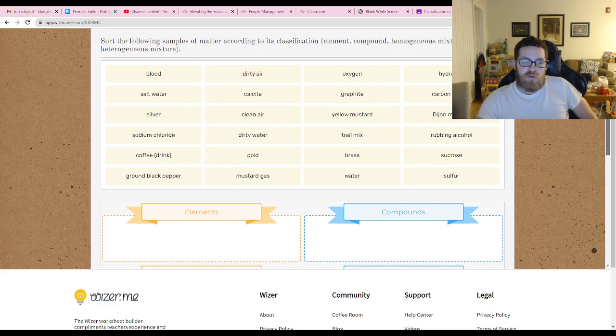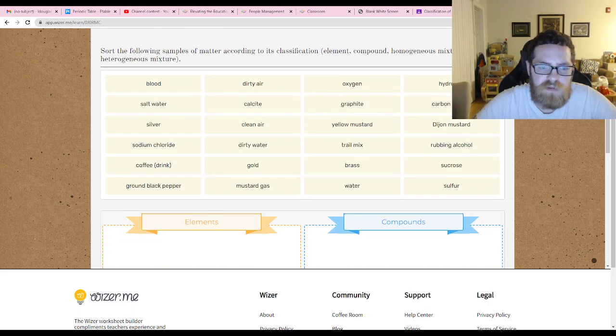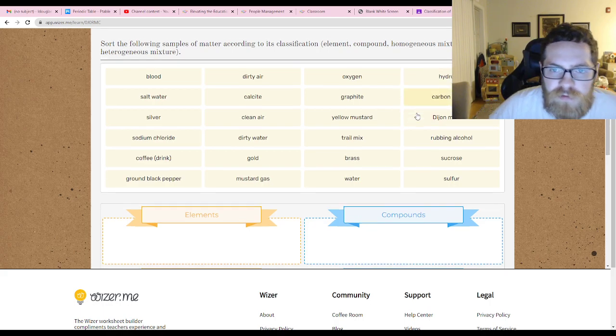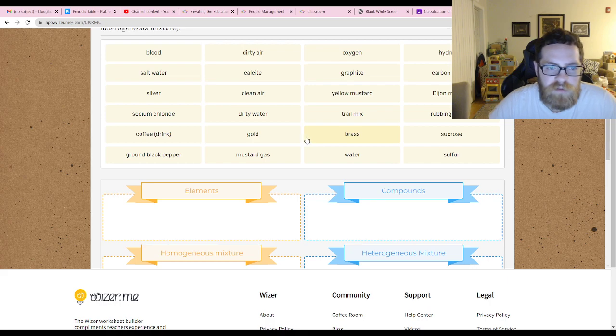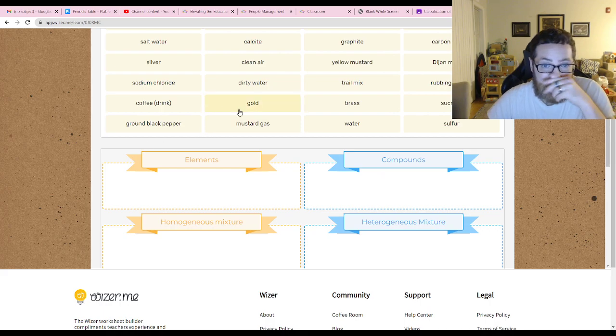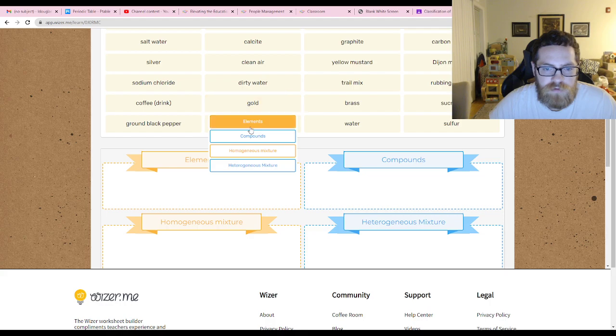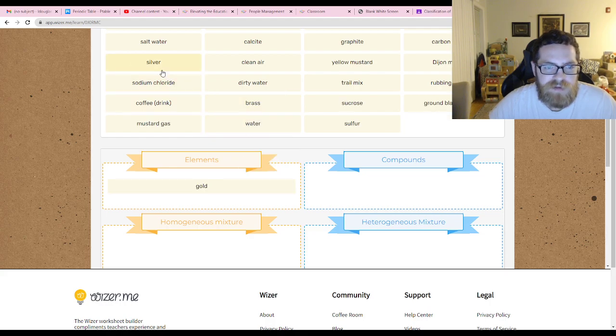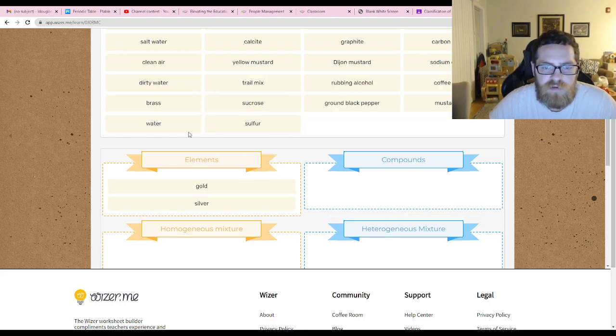So, sorting each of these into its correct categories, right, we can say the first thing you always want to look for is just what is an element on the periodic table. We have, right, gold. Gold is an element. So is silver.